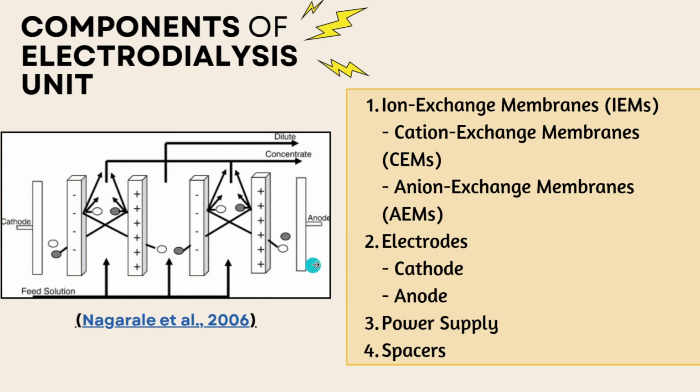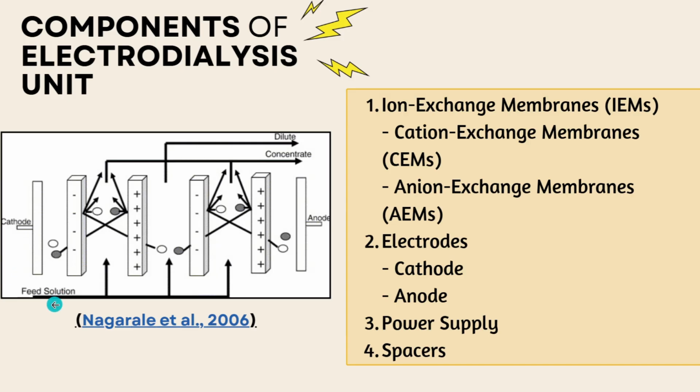Electrodes are placed at the end and create the electric field when connected to a power supply. Third, power supply. Power supply is a direct current power source that provides the voltage across the electrodes and drives the movement of ions. Lastly, spacers. Spacers are non-conductive structures placed between membranes to ensure proper water flow and prevent the membrane from clogging.